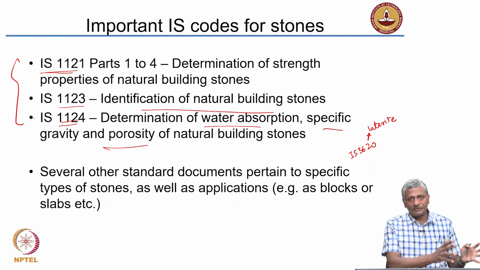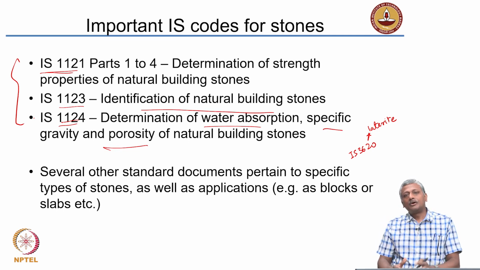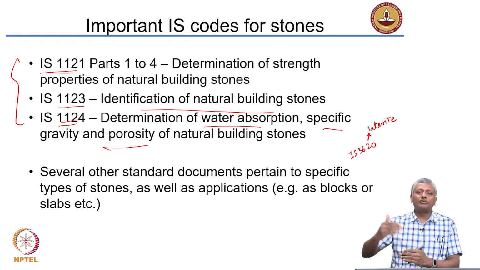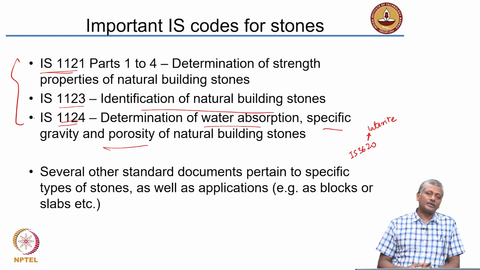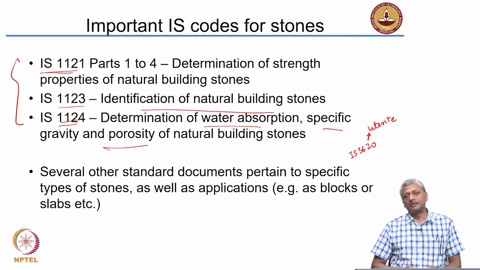So the way that we select the materials, the way that we apply them in practice, right, all that should be very clear cut and easy to follow and reproducible in different locations. That's why we do standardization. Otherwise everybody would build in their own way, right?